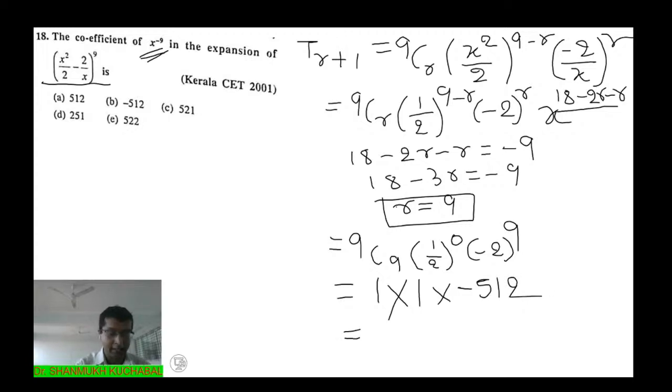So we get the answer as minus 512. Therefore option B, minus 512, is the right answer.